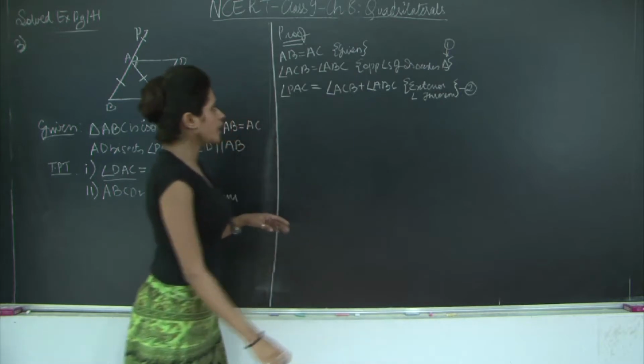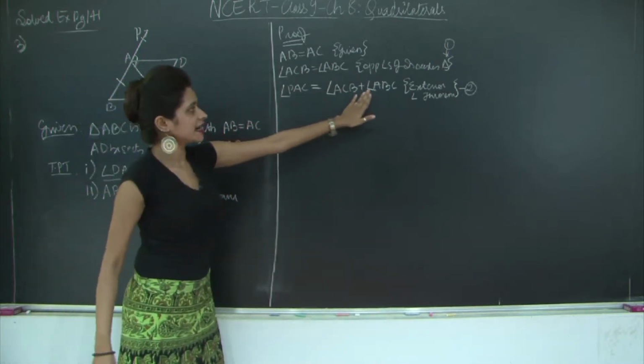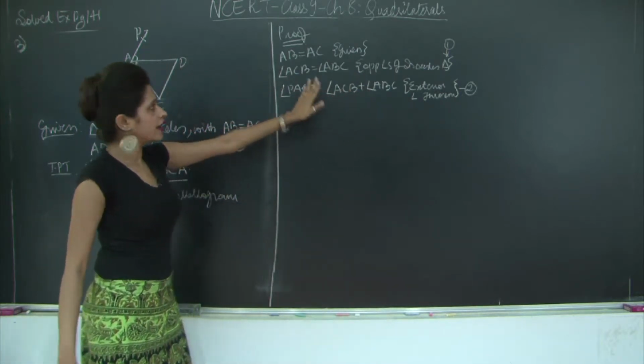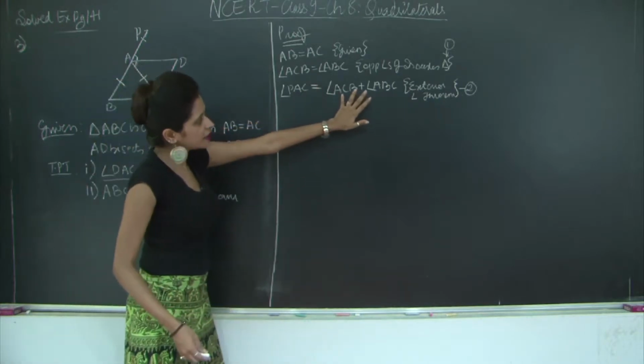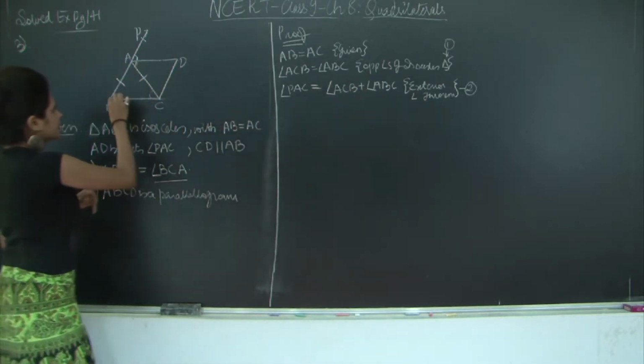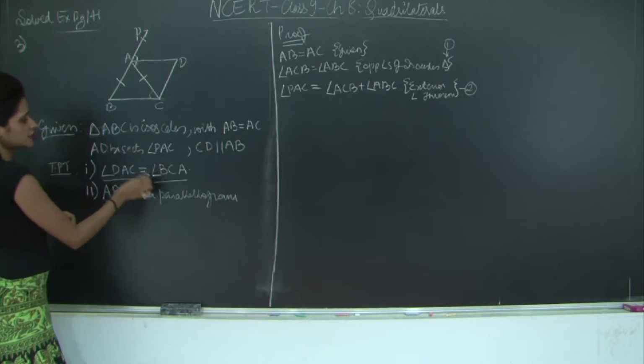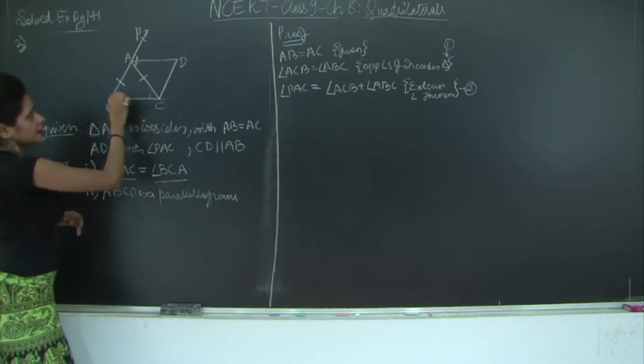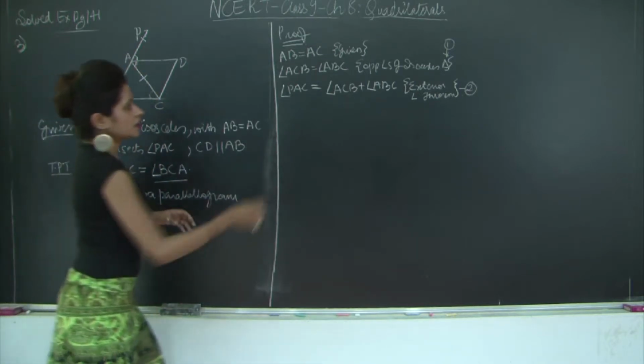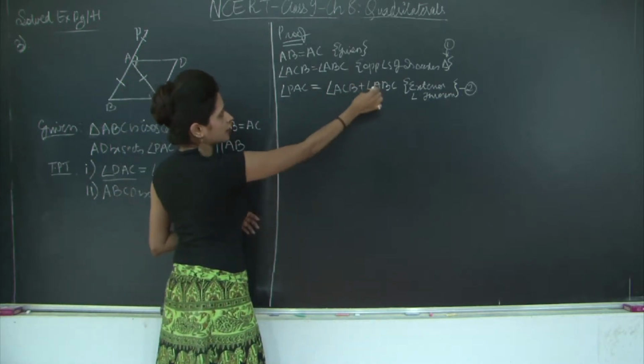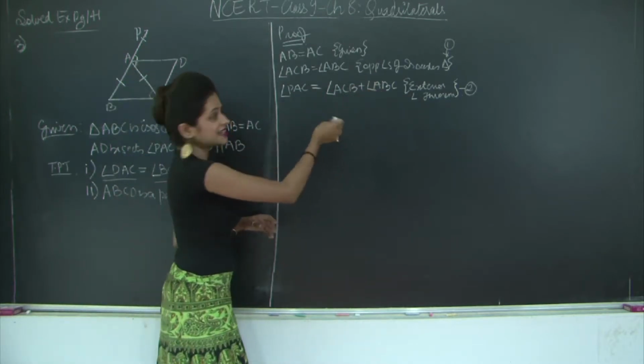So, what do we get from 1 and 2? Instead of ABC, I am going to take ACB, because we need this angle ACB which is here. We need BCA, correct? So, instead of ABC I am writing ACB.